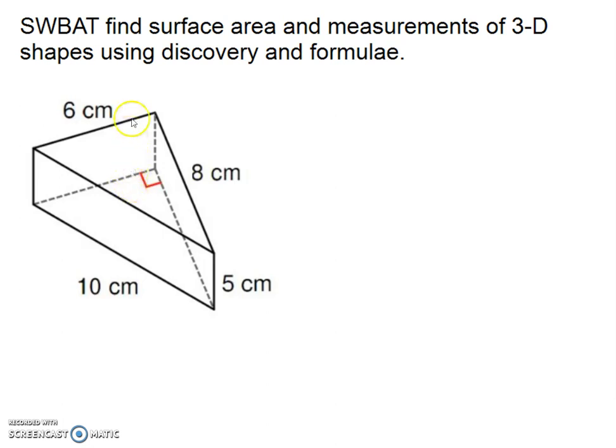are made of rectangles. There's different ways that you can think about this, but if you think about taking this apart, there's that right triangle. Sorry, my drawing's not going to be great. And that's got a 6, 8, and 10.